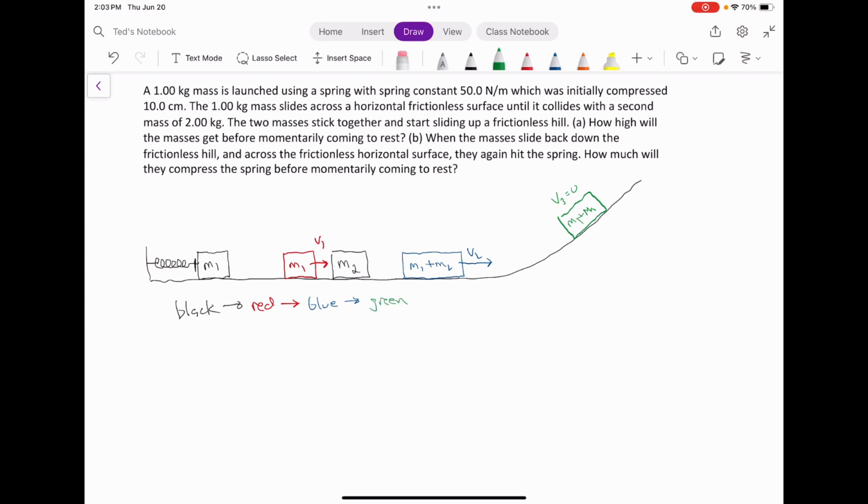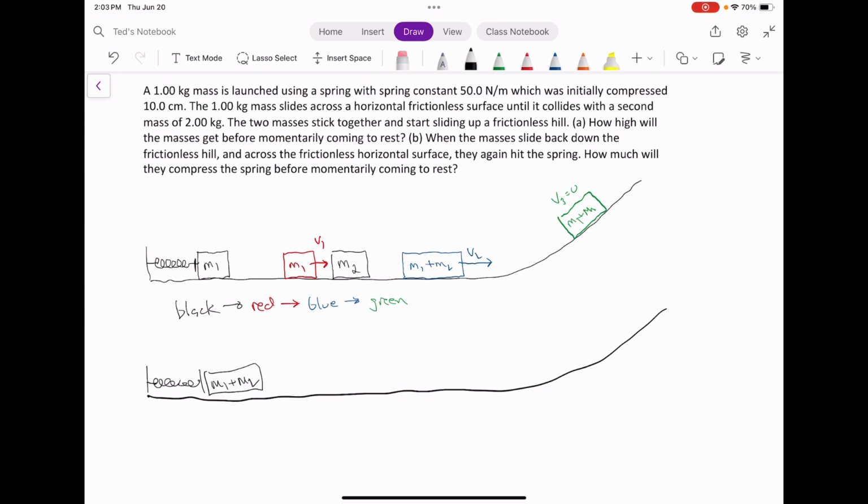And then I'll draw as a separate picture the very last stage, because in the very last stage, M1 and M2 have come back to compress this spring, and they've come to rest.